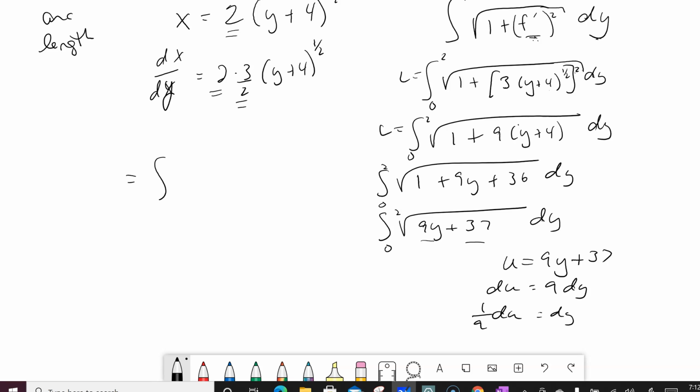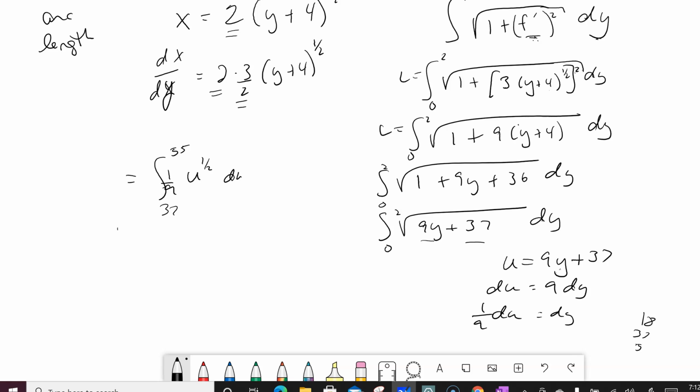So I'm going to say the square root of u, times 1/9 du. And I'm going to change the limits. Putting y equals 0 in, I get 37. Putting y equals 2 in, I get 18 plus 37, so 55.